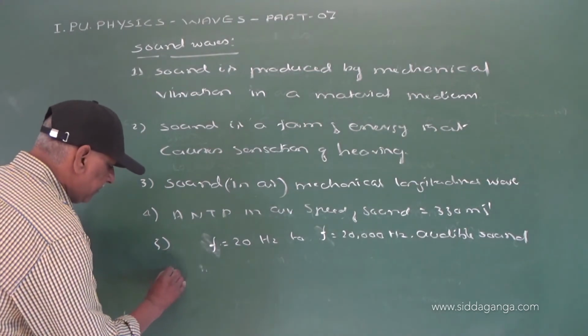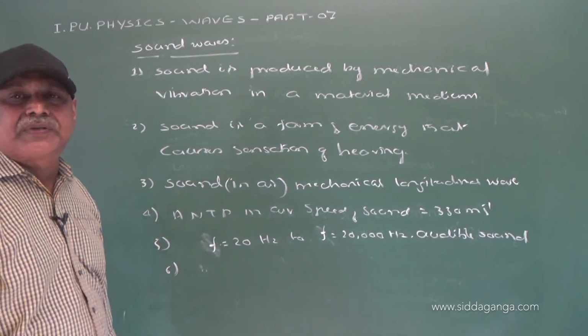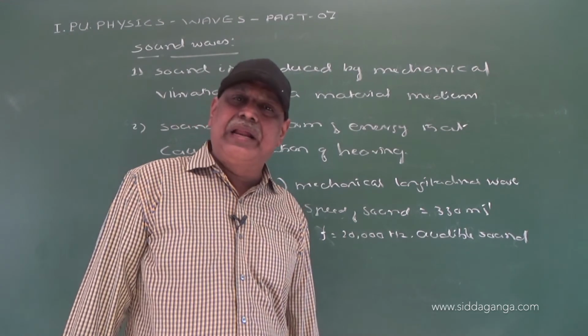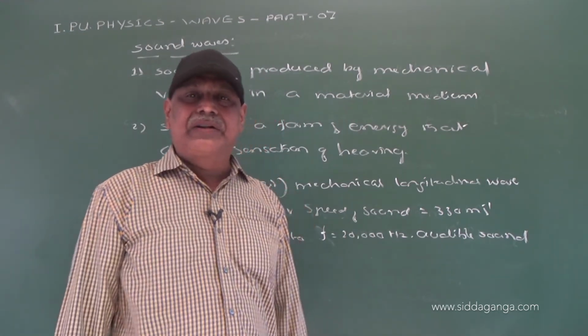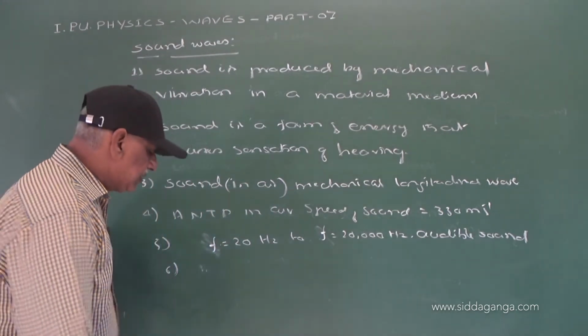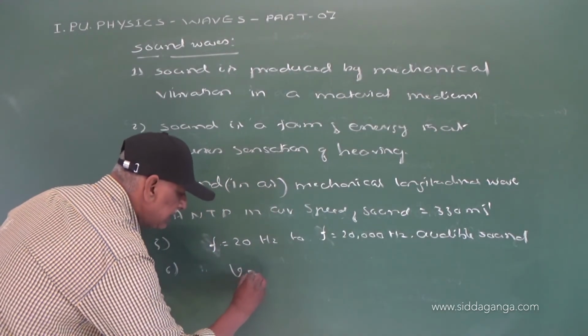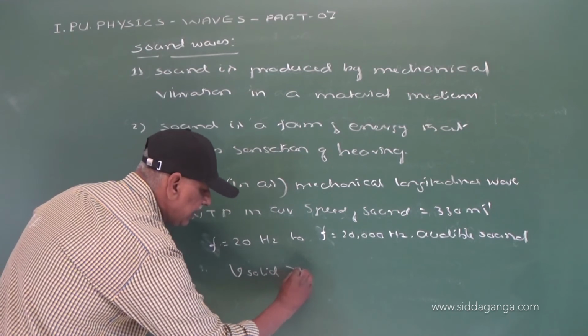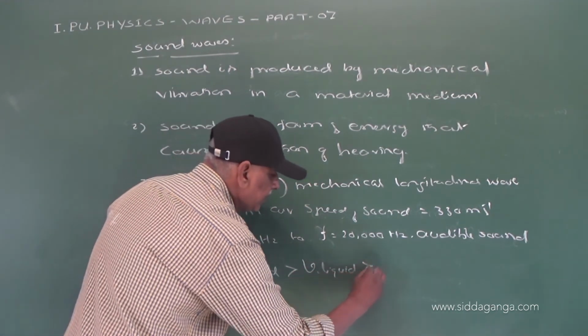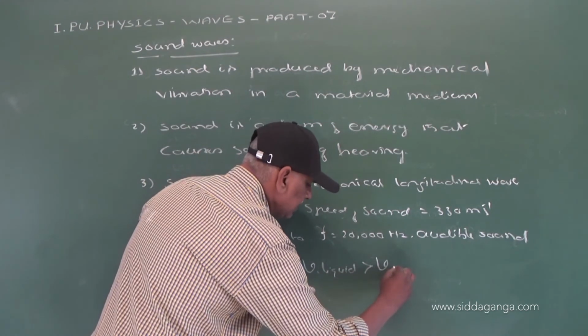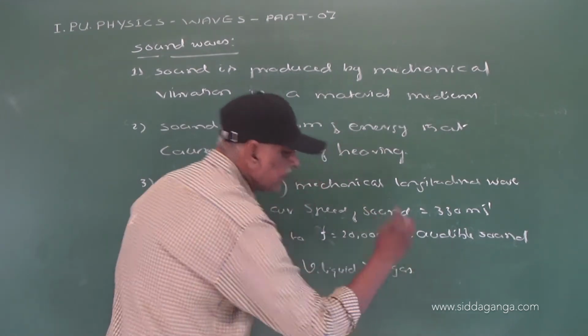Now the sixth one, the velocity of sound in a material medium depends upon the properties of the medium like elastic property and density. In general, the velocity of sound in solid is greater than in liquid, which is greater than in gas.